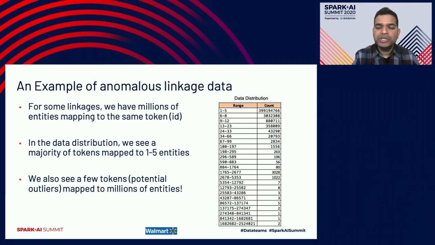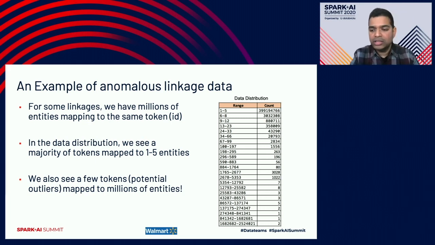Pretty much reiterating the point that my colleague has mentioned earlier, if you take up to 30 or 40 or 60 as the acceptable range, most data falls into that. But what you see is the noisy data towards the bottom. It's a long tail where one ID belongs to 100,000 IDs, or a million IDs also. So these are what we call anomalous linkages.